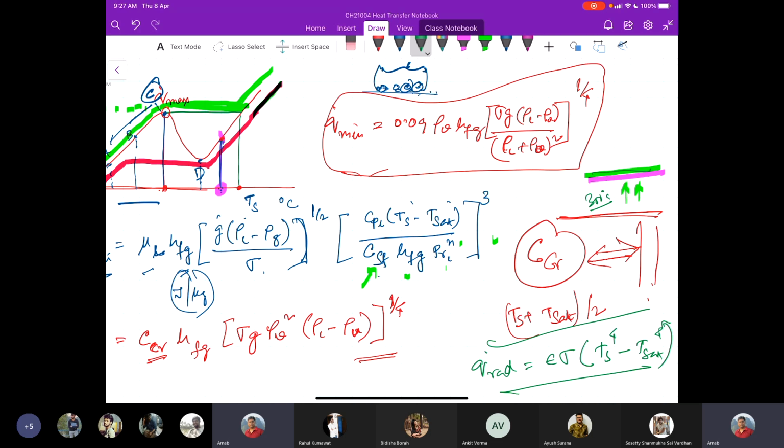Emissivity of the surface, Stefan-Boltzmann constant, and these temperatures are now in Kelvin. I hope you remember this. It is not in degree centigrade, although it is written Ts and T saturation. This must be converted to the Kelvin.